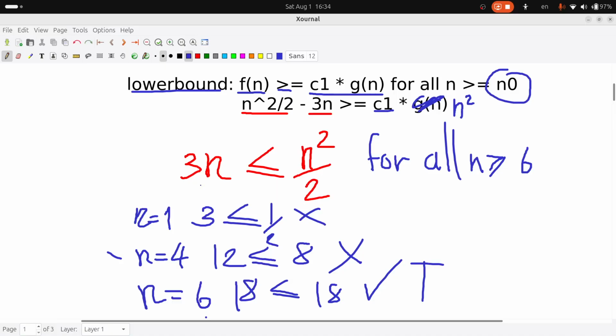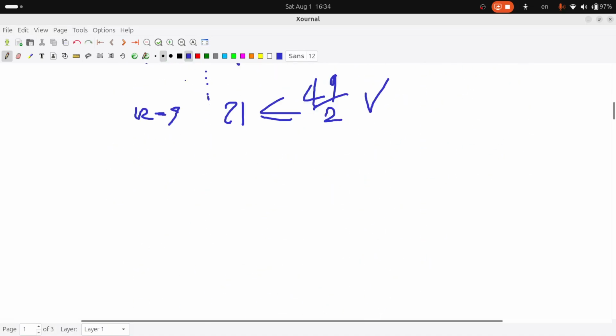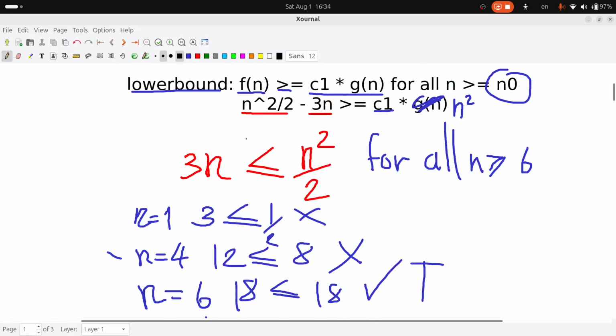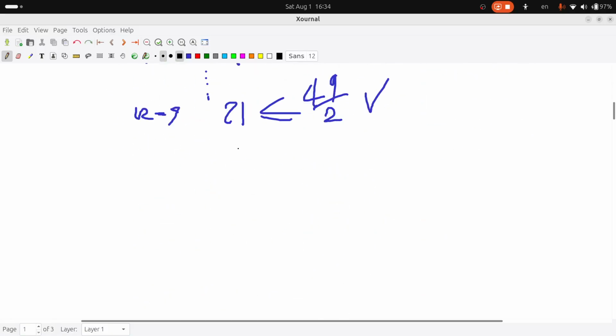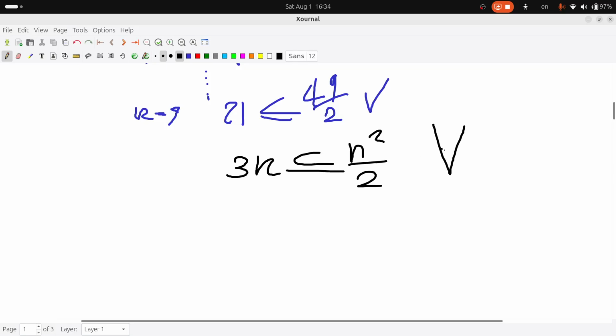So that means I can change the term 3n to n squared. How can we do that? We use the fact of the inequality that 3n is greater than or equal to n squared divided by 2 for all n greater than 6, right?